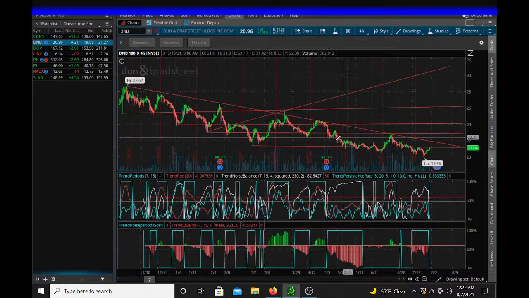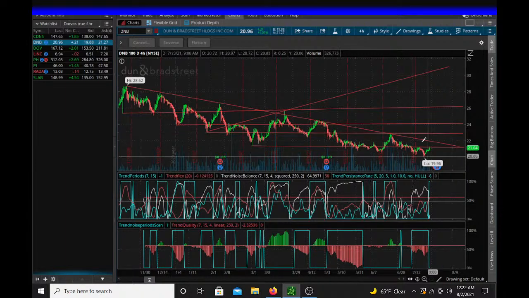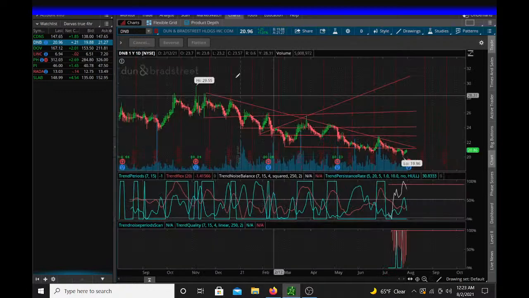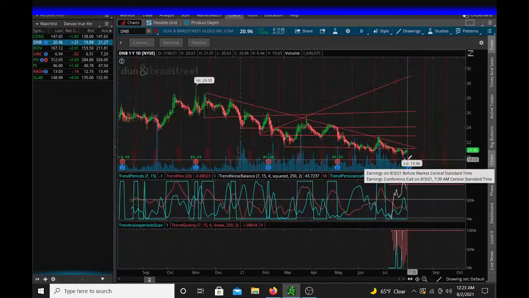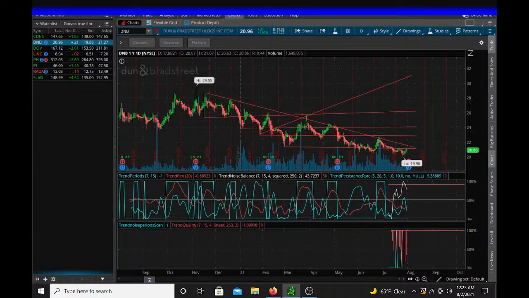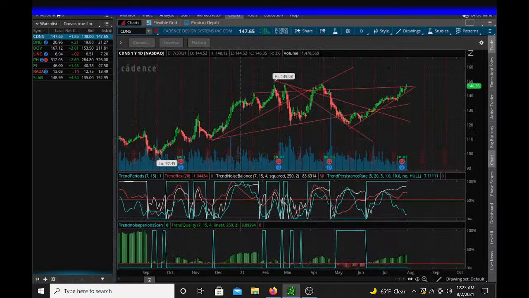But we do see the trajectory for this Dun and Bradstreet to have a very good season. Okay. Hitting this low here. If it is to break out of this, say, wedge formation here, it doesn't mean it will. But it is having a Darvis box signal, and that's a good thing.